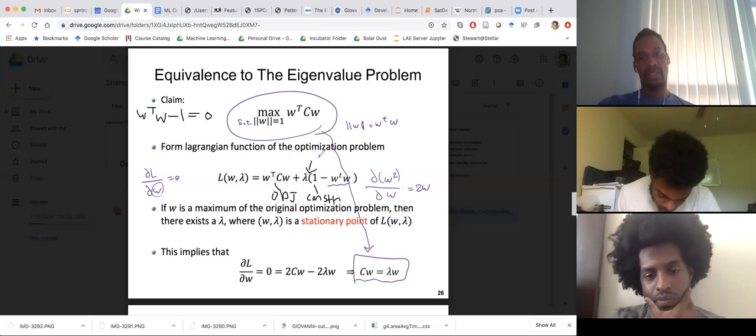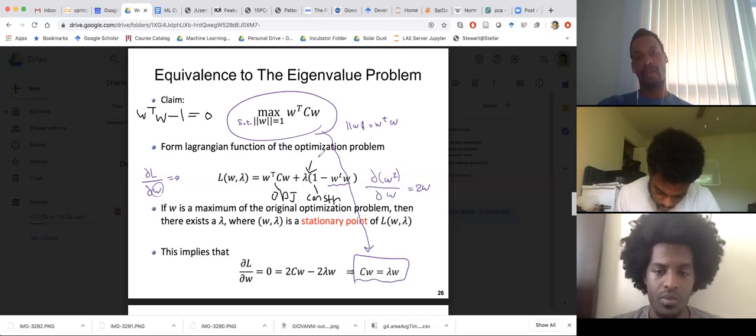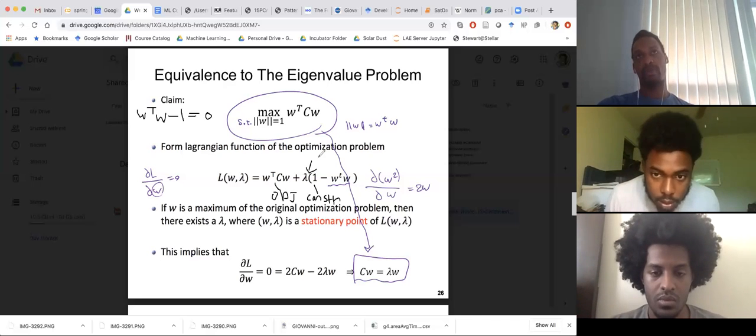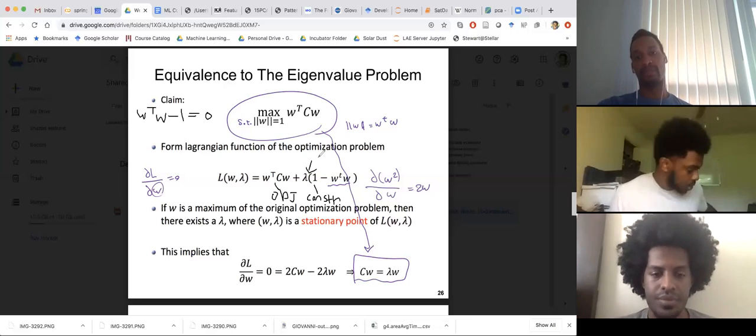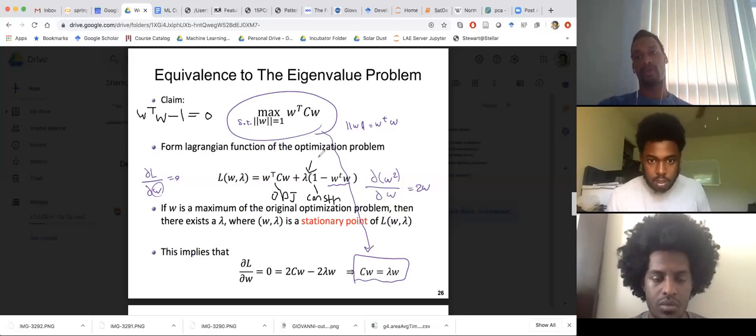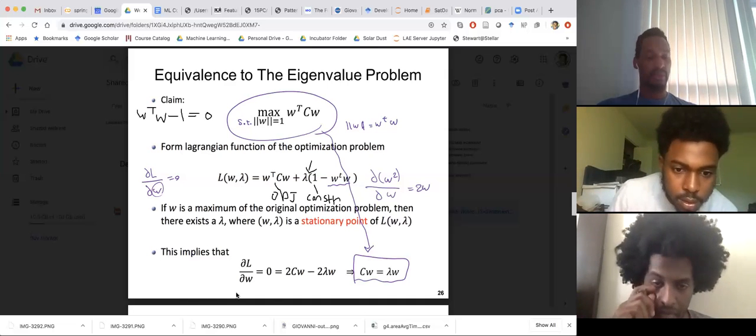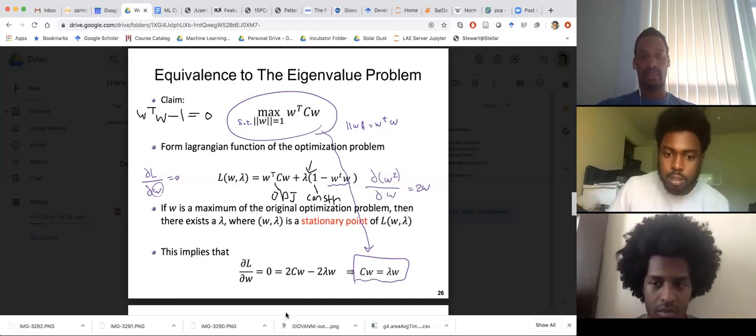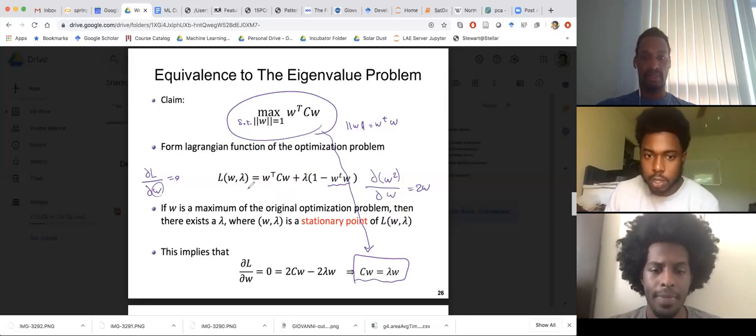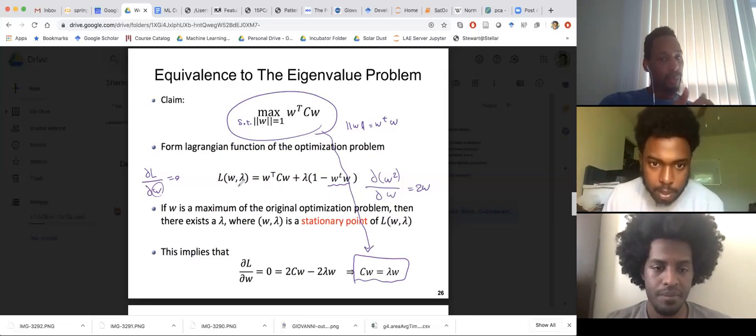The way you solve it is how you solve any other maximization or minimization problem, by taking the derivative with respect to the variable you're trying to maximize or minimize.